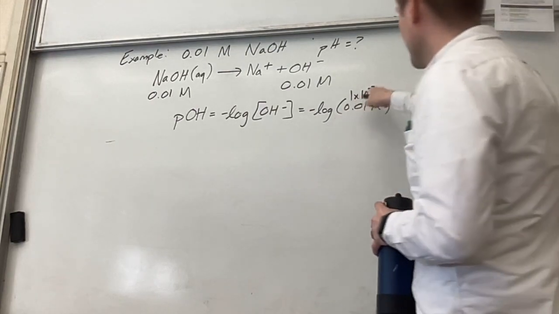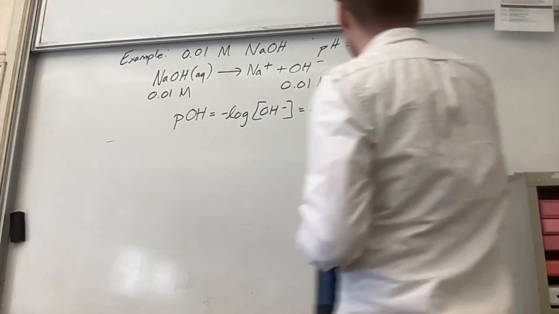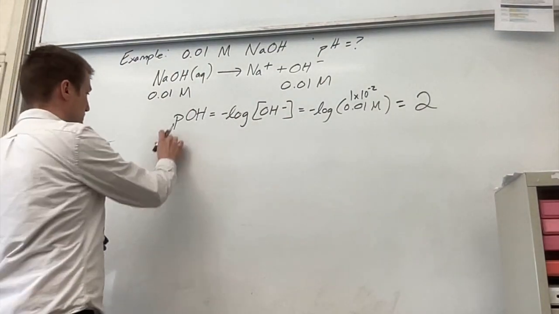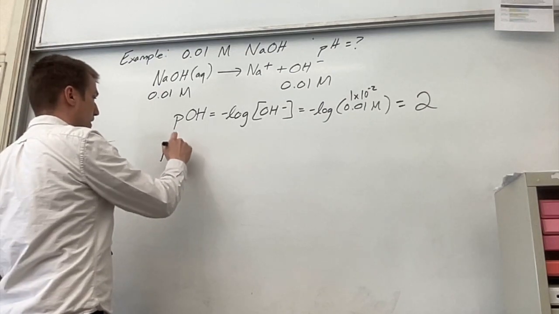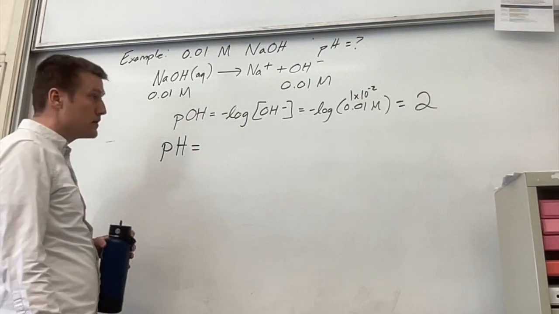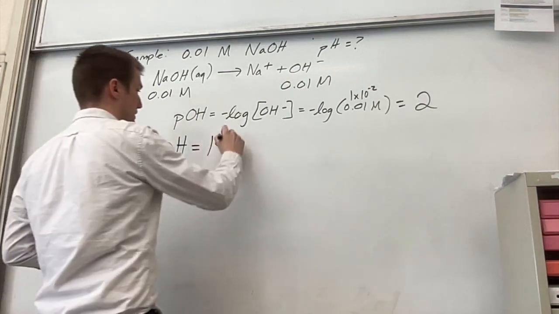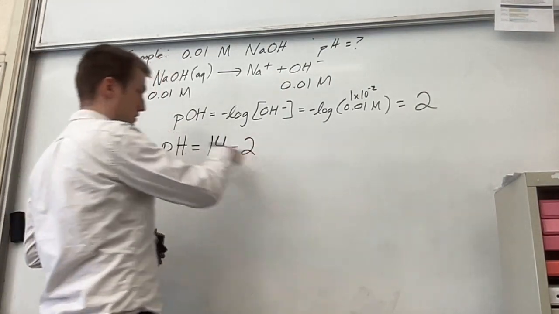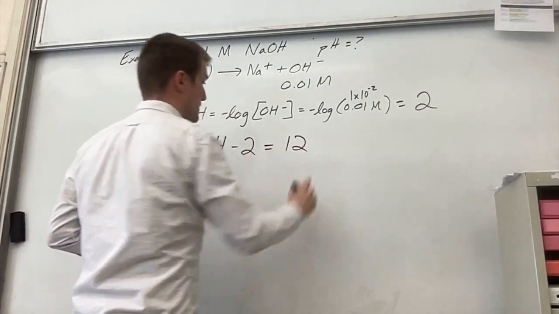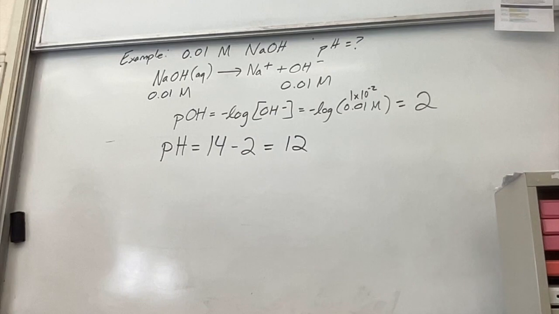So the log is negative 2. The negative log is positive 2. The pOH is 2. And if I know that the pH and the pOH have to add to 14, then I can just subtract my pOH from 14. So the pH then has to be 12 in that case.